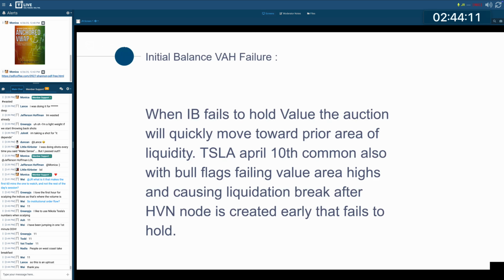Oftentimes, I'll deal with a lot of struggling traders, and I'll tell them, I want you to split the day up into 3 categories. I want you to look at the first 15 minutes, and a lot of people blow their wad in the first 15 minutes. They have a deep red day because they're not good at reading that initial 15 minutes too fast.